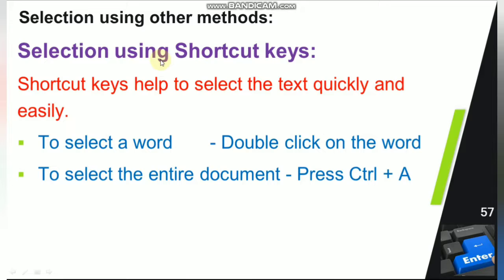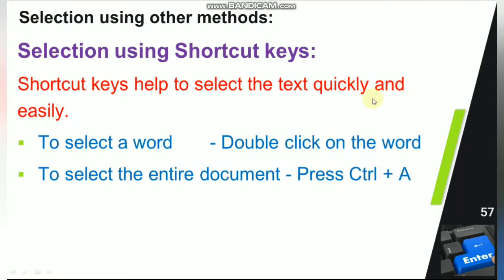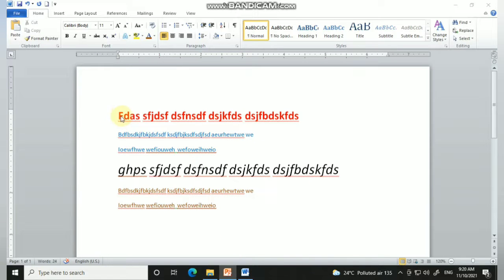Then how to select using shortcut keys. Two things are given here. To select a particular word, double click on the word, and to select the entire document, press Ctrl plus A. Ctrl plus A is select all. See here, if I want to select a particular word, I just double click it.